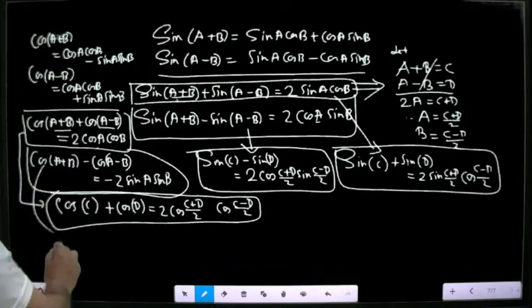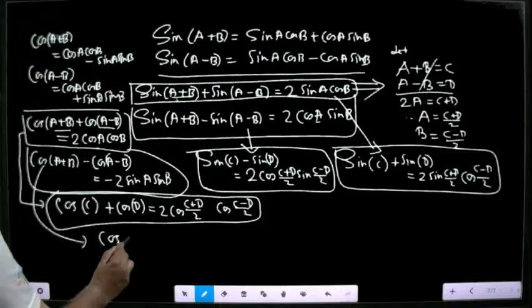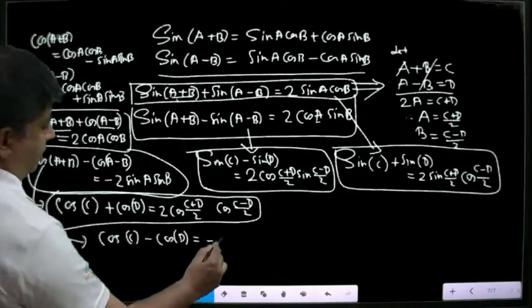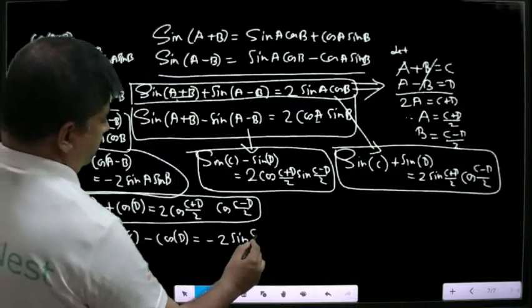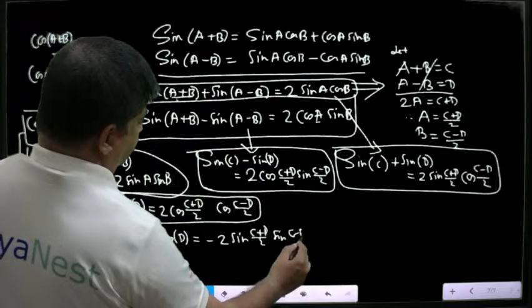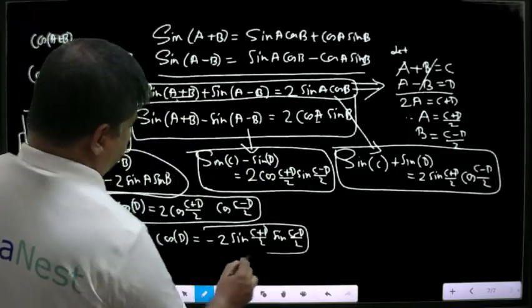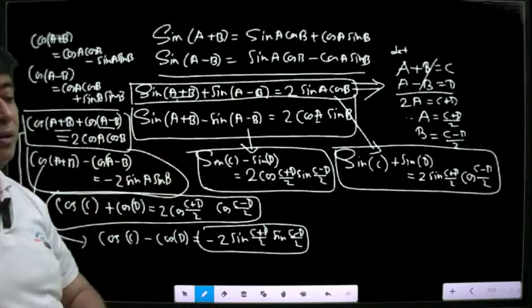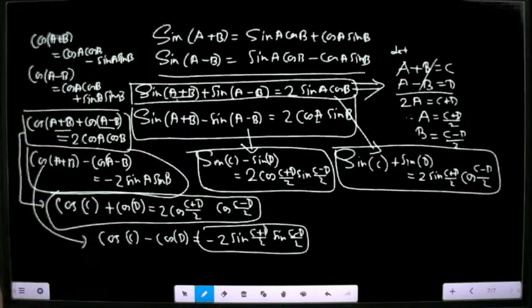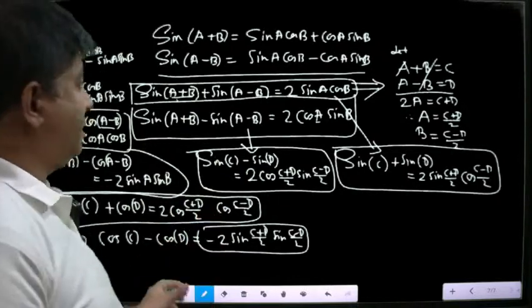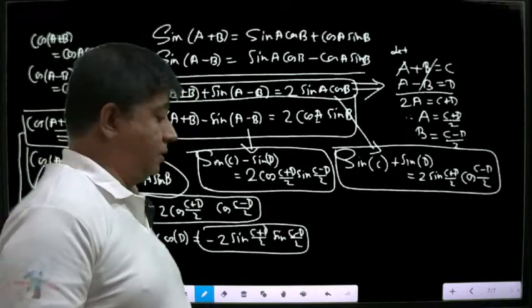And instead of this, cos C minus cos D is minus 2 sin ((C plus D) by 2) sin ((C minus D) by 2). So, you see from compound angles, total 8 formulas are inherited. Okay, all these formulas are so important to manage trigonometric problems.